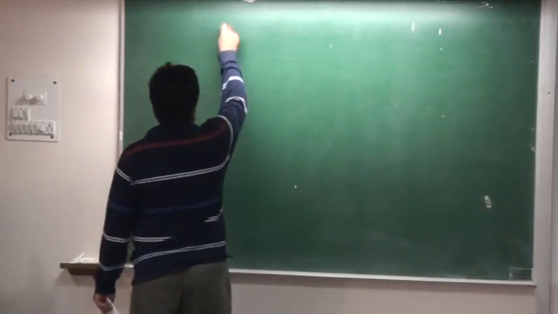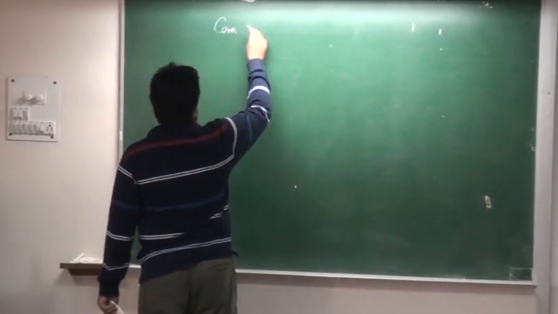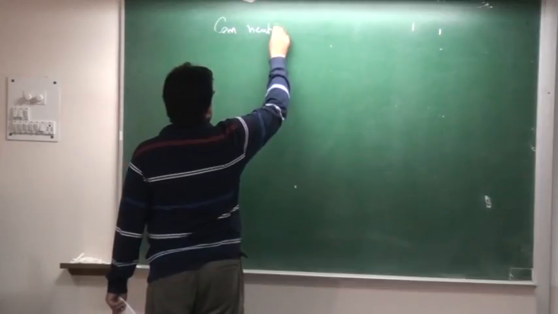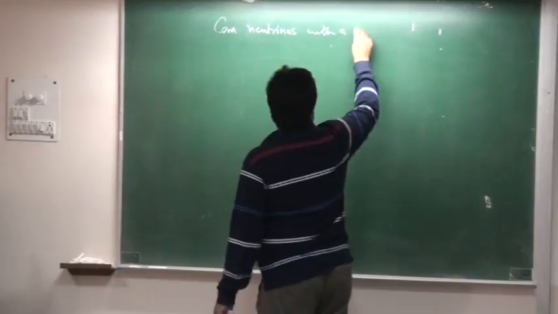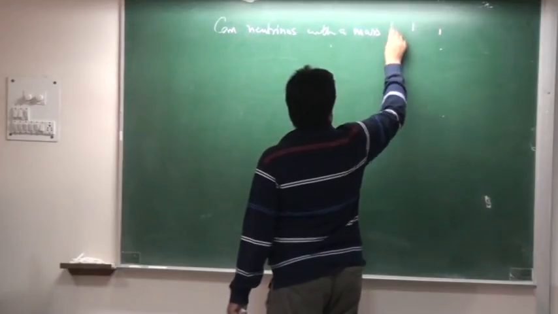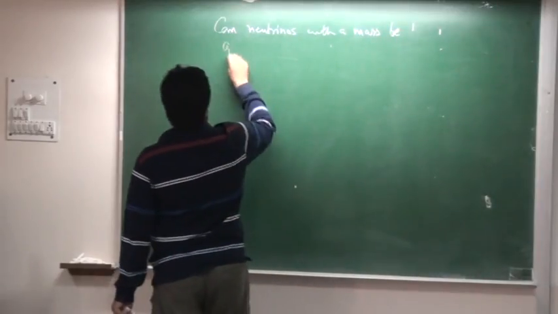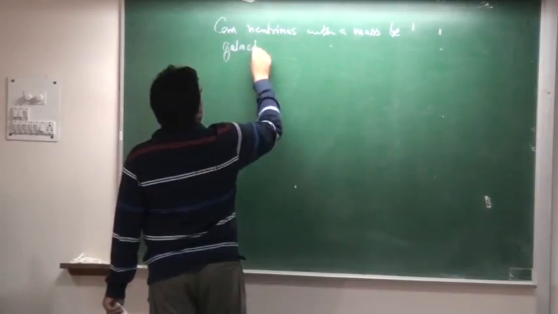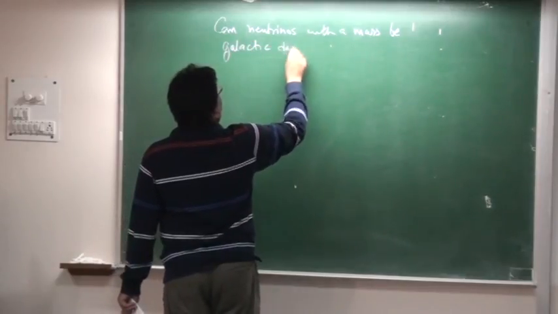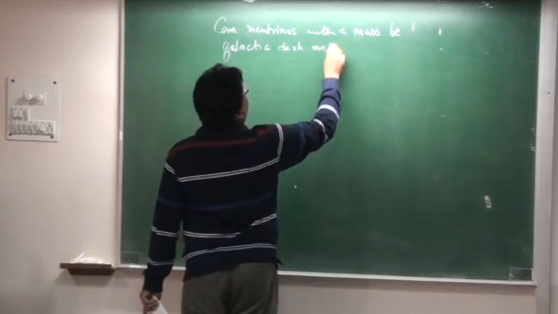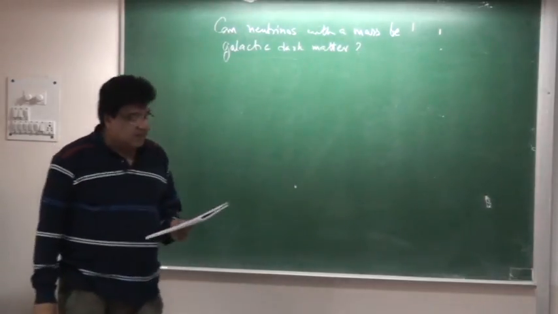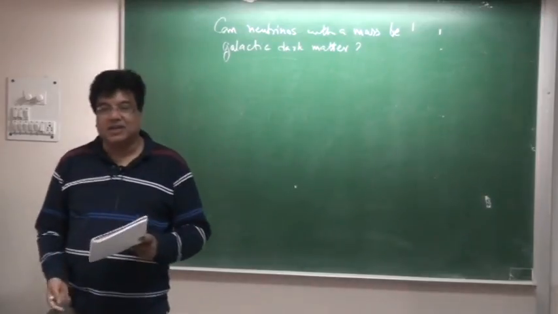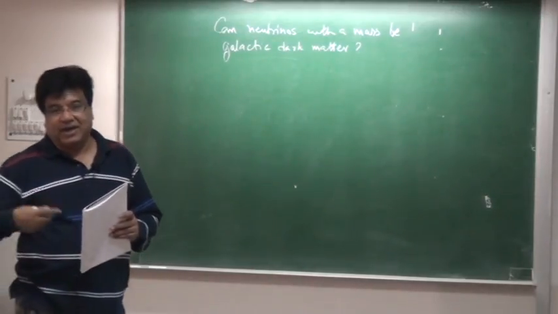Can neutrinos with mass be galactic dark matter? The first thing is that neutrinos are known to be very light.